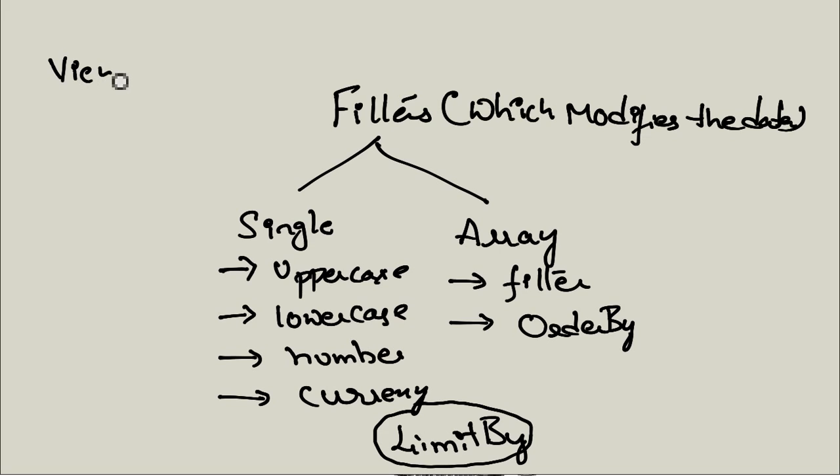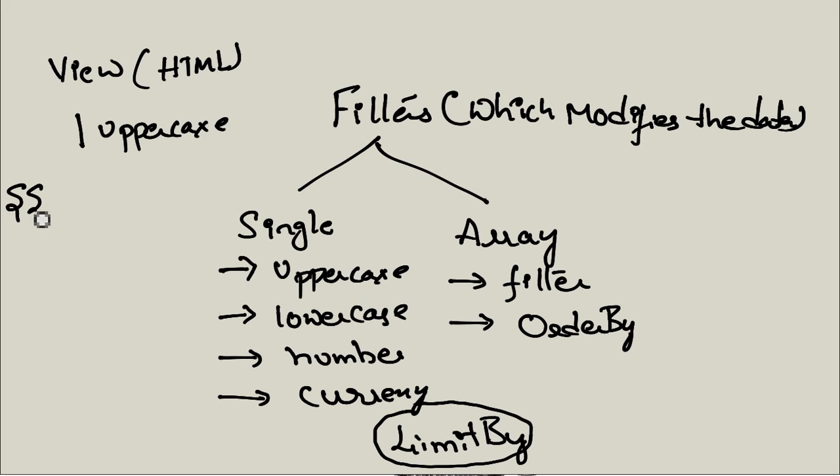In the view, that is our HTML, we can use them with a pipe symbol. If you want to use the uppercase filter, we will say pipe uppercase. Like if you want to convert a name to uppercase, we will say name | uppercase.